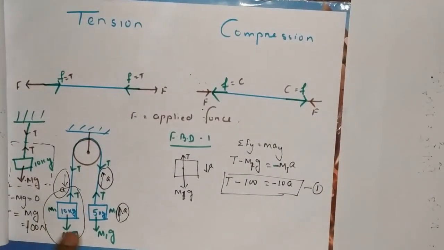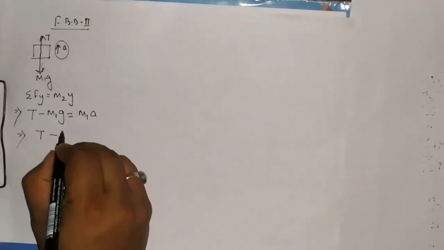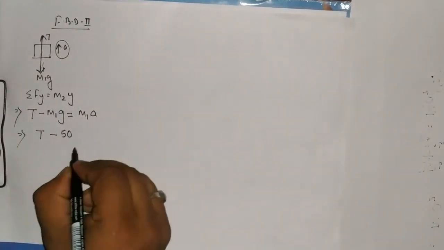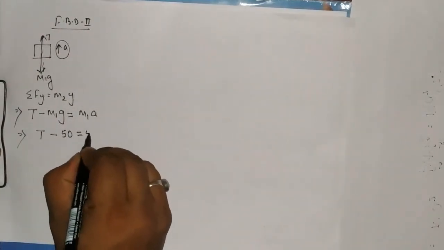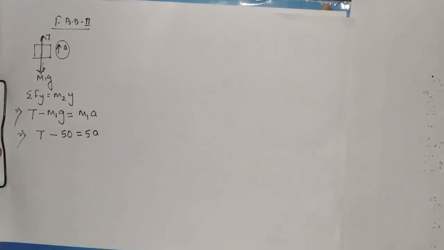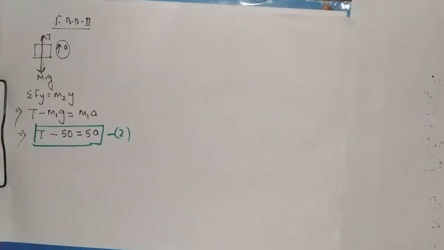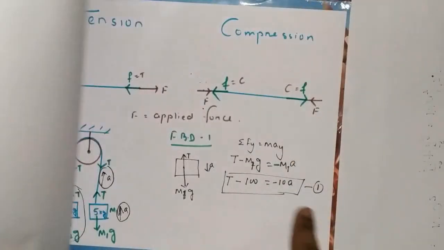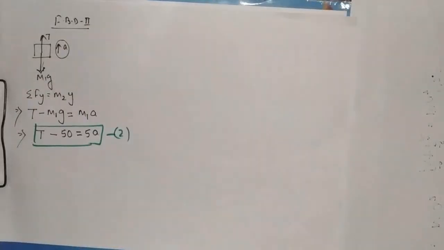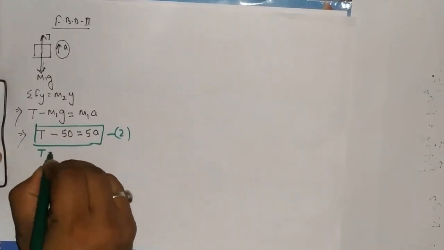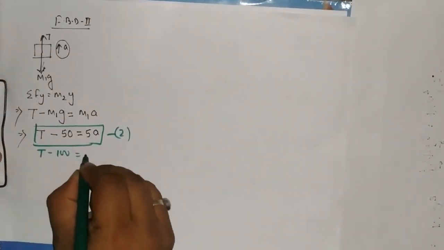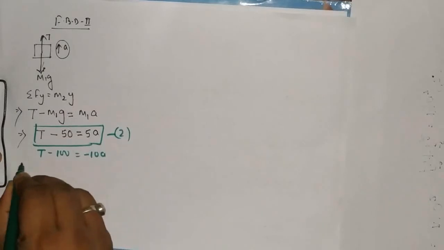Let us check it. 5G. G means 10. Suppose I took it, equal to 5A. Let us mark it equation 2. So what is equation 1? T minus 100 is minus 10A. Let us write down. T minus 100 equals minus 10A.